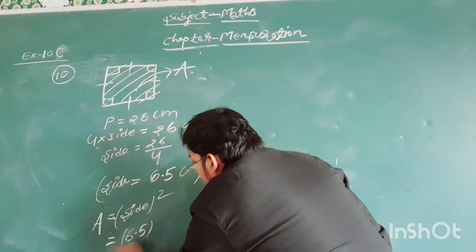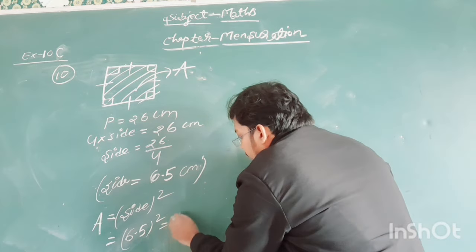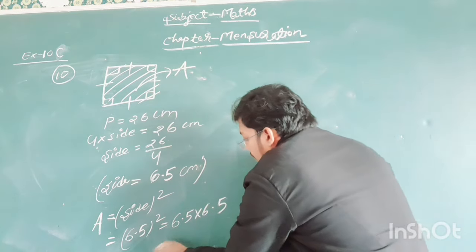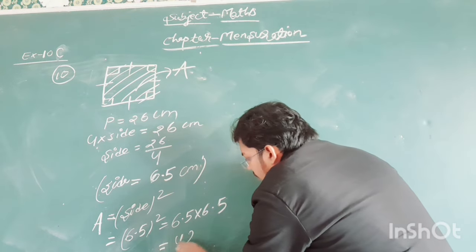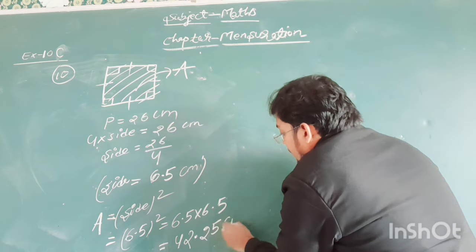So area of a square is equal to square of 6.5, meaning 6.5 into 6.5, which is equal to 42.25 centimeter square.